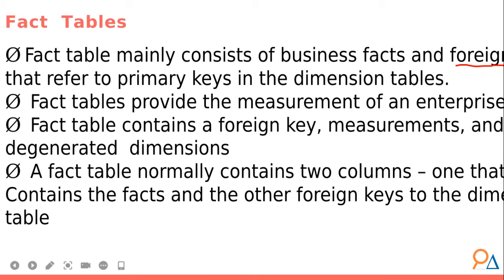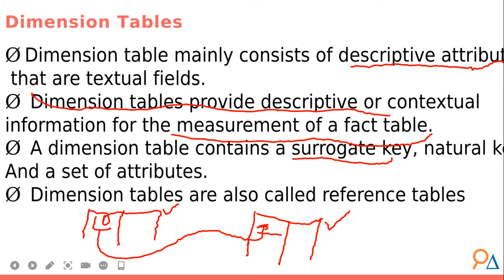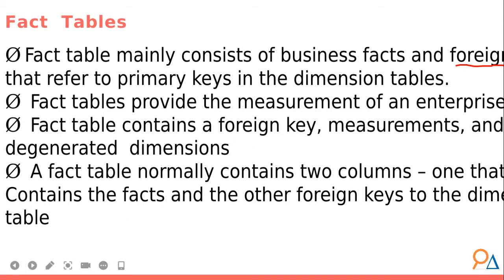That's the key point. And it consists of a foreign key that refers to a primary key in the dimension table, as I showed you in this example here. This is a foreign key which references what? This table, the dimension table. And that's what this point is saying here.